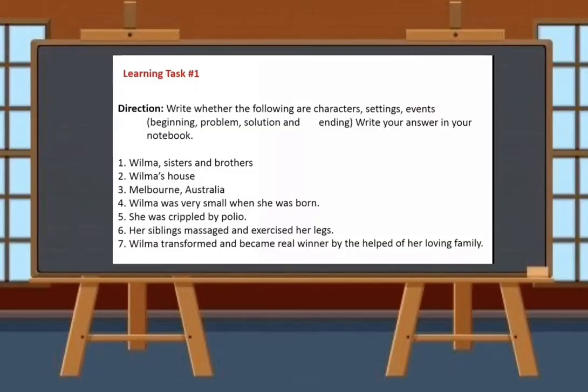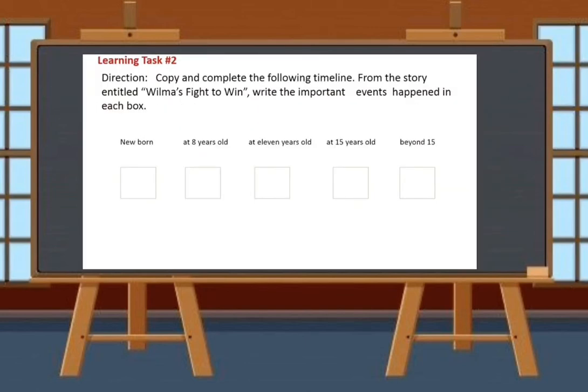In your learning task number 1, write whether the following are characters, settings, events, the beginning, problem, solution, and ending. Write your answer in your notebook. For learning task number 2, copy and complete the following timeline from the story entitled Wilma's Fight to Win.